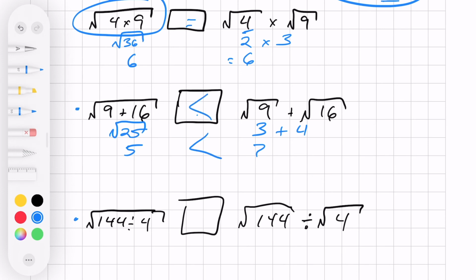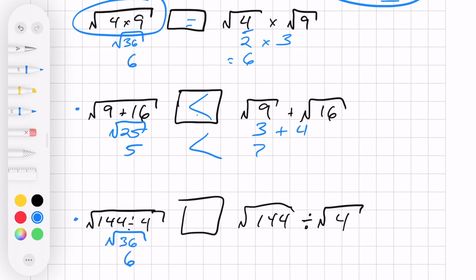All right. Again, 144 divided by 4 inside the square root is 36. Okay, so if you need to use a calculator, go right ahead. The square root of 36, I know it's 6 times 6, right? I know what this one is because I know my 12 times table.